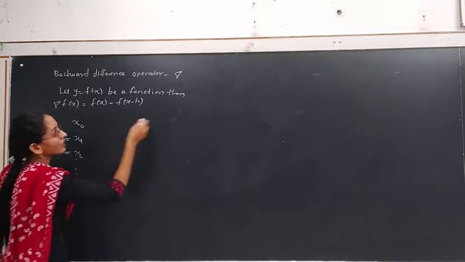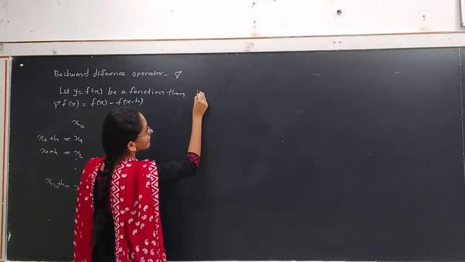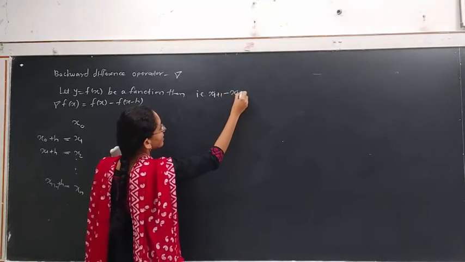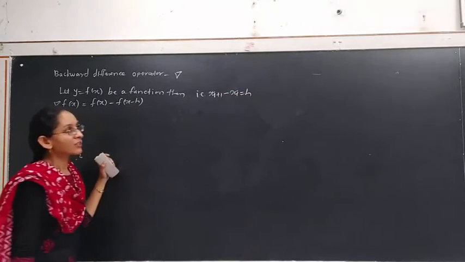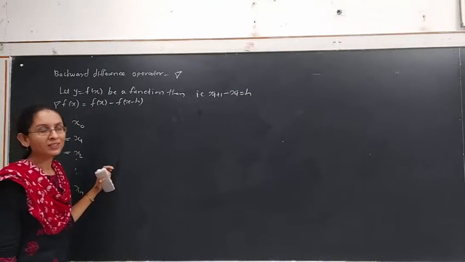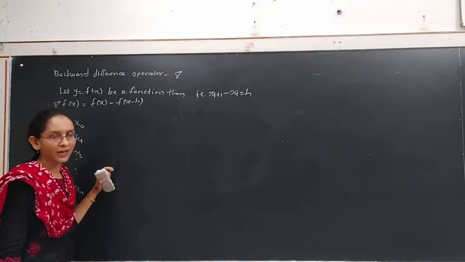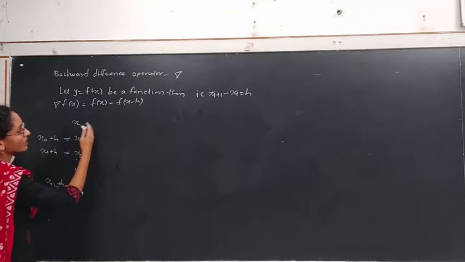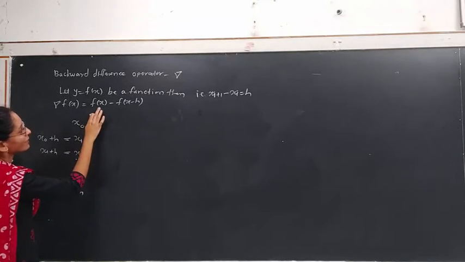That is, the relation between two values of x is given as xi plus 1 minus xi is equal to h. The difference between two consecutive values of x is h. Hence, h is a constant. These are equally spaced values of x. Corresponding to these values, we will get values of y.